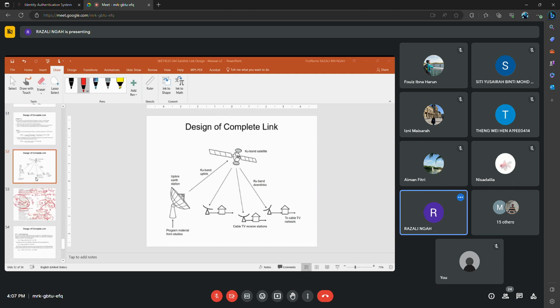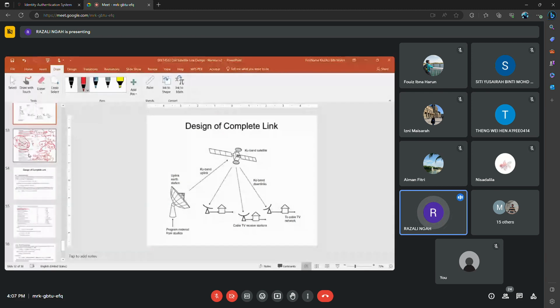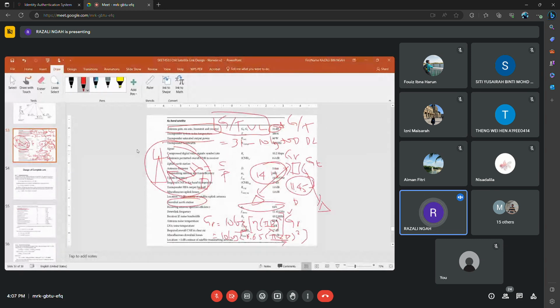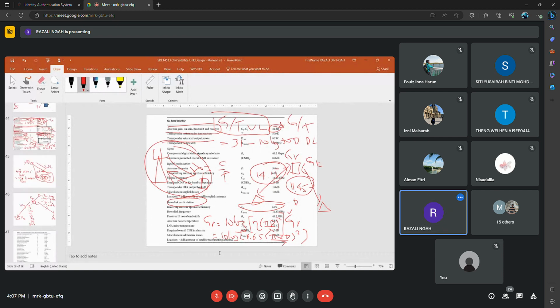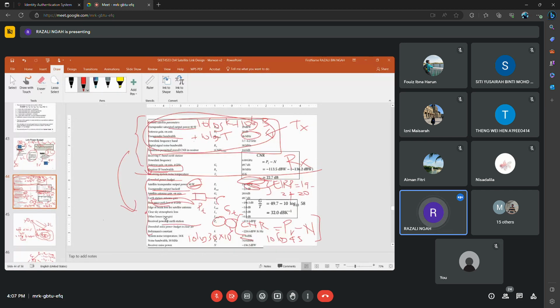And so I come back again to the link budget. You need to tabulate all the parameters, something like this, in order to determine the receive power and noise power, and then you will get the carrier to noise ratio. It doesn't matter for uplink and downlink.